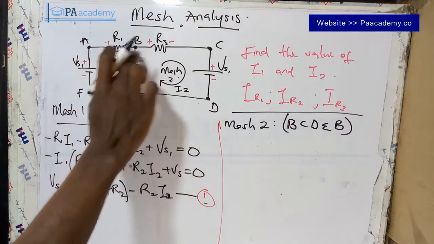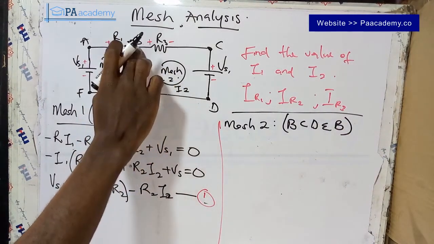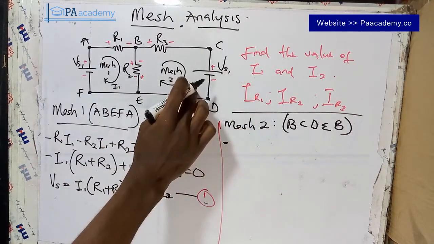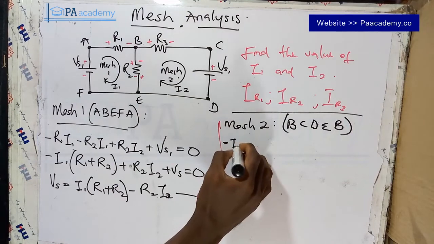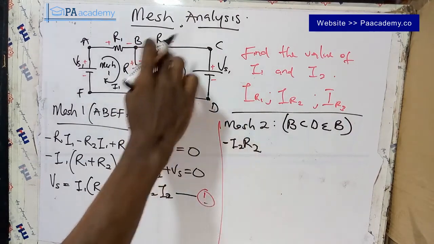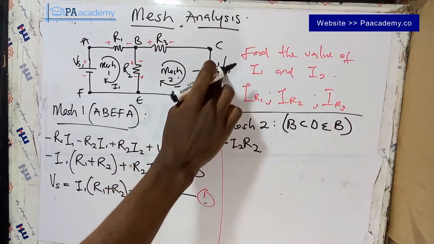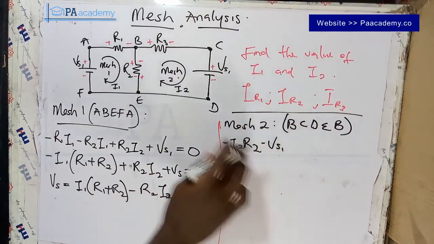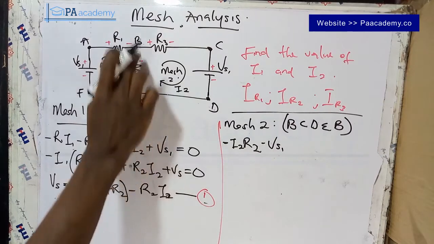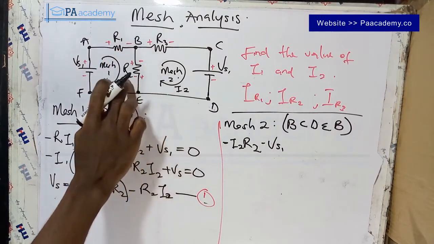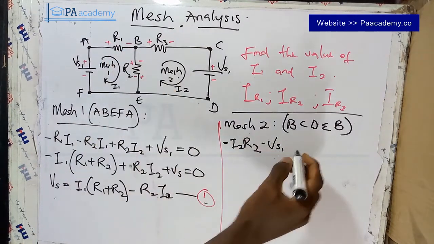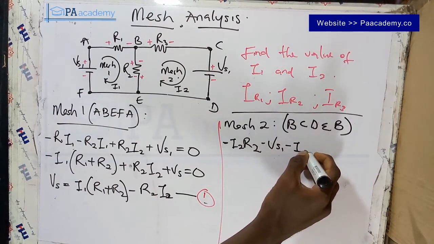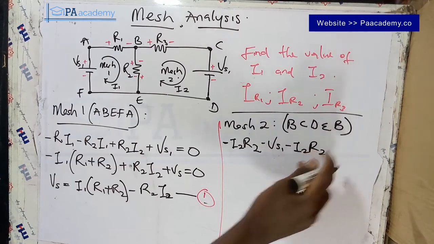So applying KVL, let's start from B, and the next are the elements that come. That's going to be minus I2 R2. Then from here, that's going to be minus VS1, from plus to minus, that's voltage source 1, come here to D, and from D to B, we have R3, from plus to minus, that is going to be minus I2 R3.